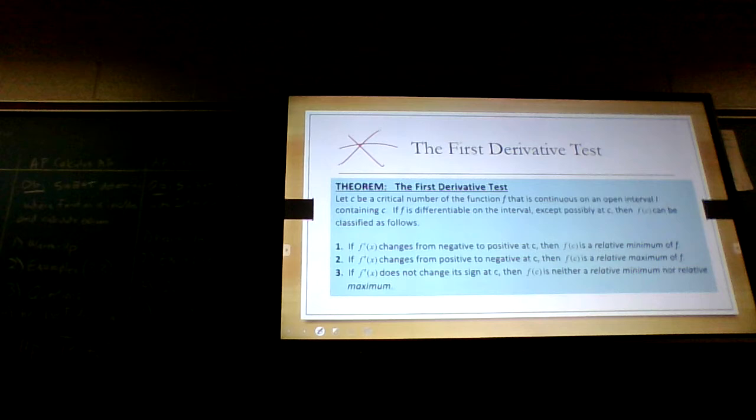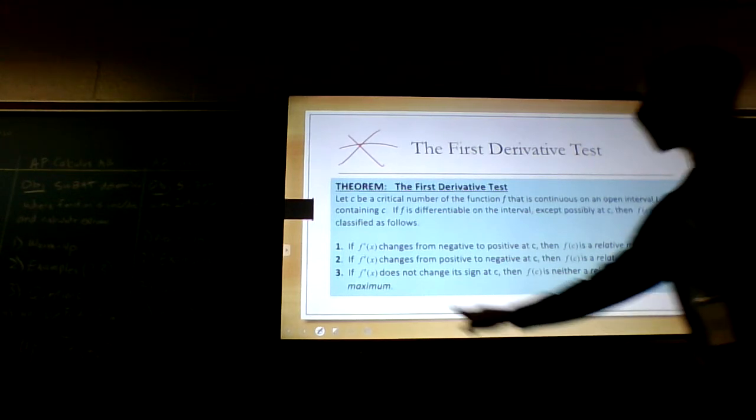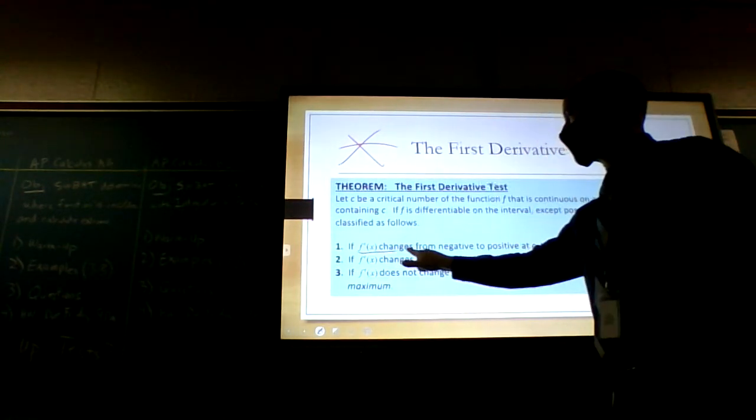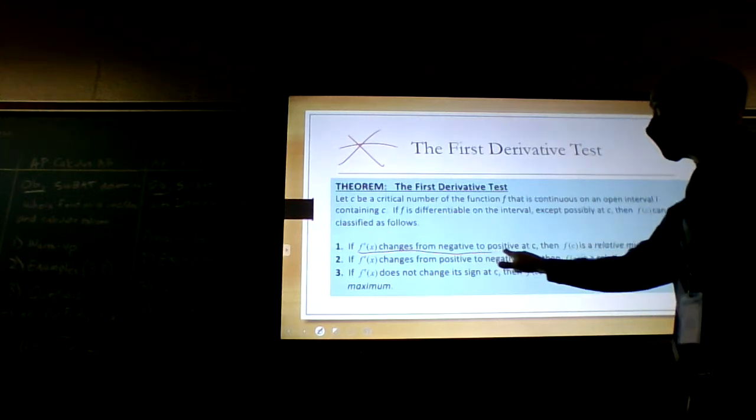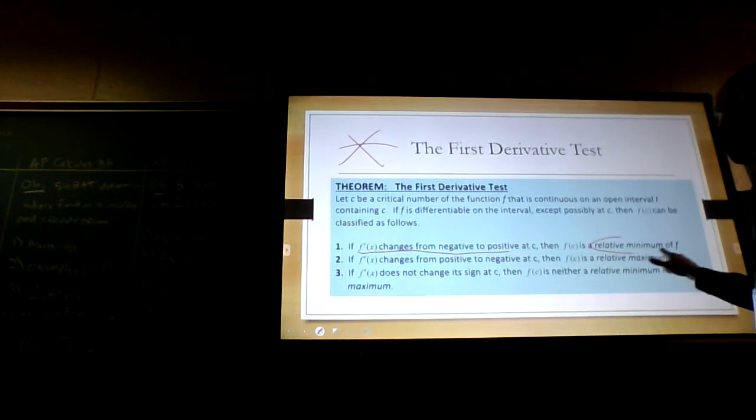So the first derivative test says, let c be a critical number of our function, and it's continuous. We also need to know that the function is differentiable except possibly at c itself. So what do we conclude? It's one of three things. If f prime changes sign from negative to positive, it's going to be a relative min.